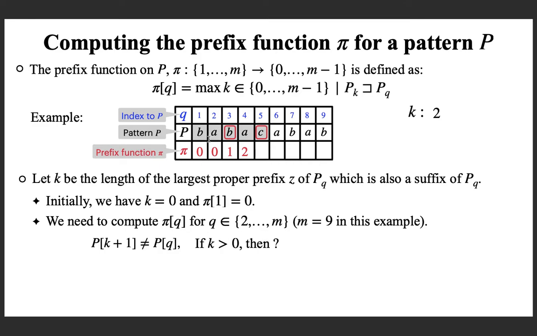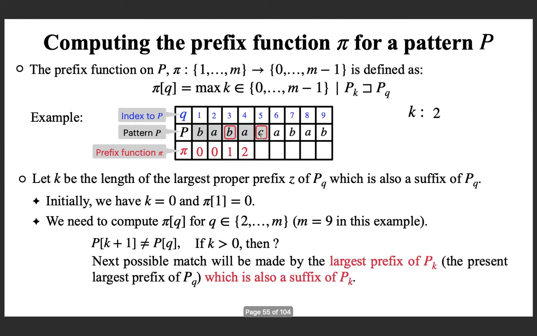For that, the present prefix is BA. If you extend, you will get BAB, but unfortunately BAB is not a suffix. This is not B. Now you can observe that now the next possible match will be the largest prefix of BA.